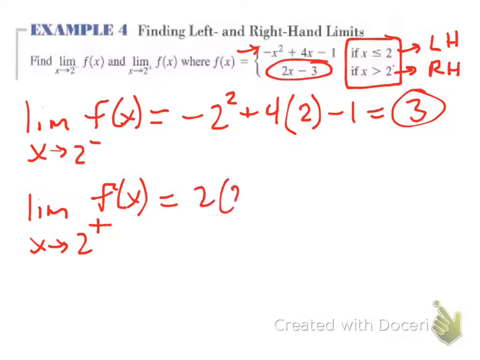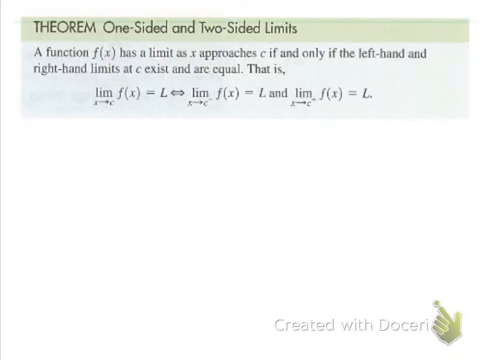So 2 times 2 minus 3 is 1. So we have two different limits, and that is dependent upon which side you are coming from. We are approaching the same number, but we're approaching 2 from the left, and then we're approaching 2 from the right. As you notice, those two limits are different. We'll talk about how that works here in a second.